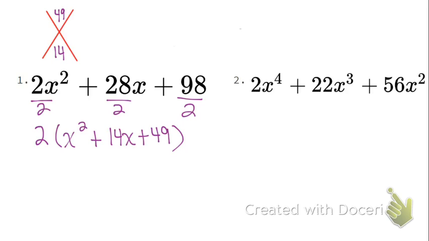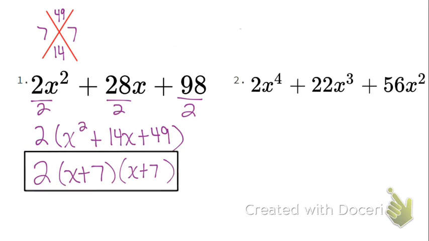When we do that, the two numbers that are going to multiply to 49 and add to 14 would be 7 and 7. So that's what's going to help us fill in our answer. The 2 that we factored out has to stay as part of our answer. So then we would have x plus 7 and x plus 7. That would be our final answer.